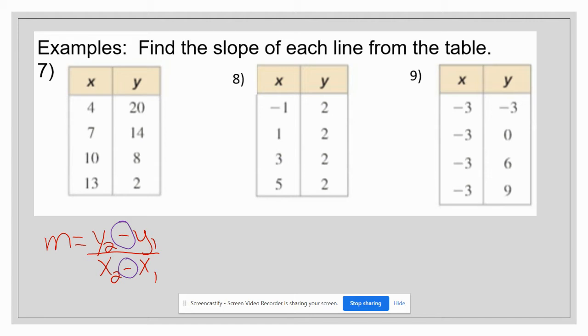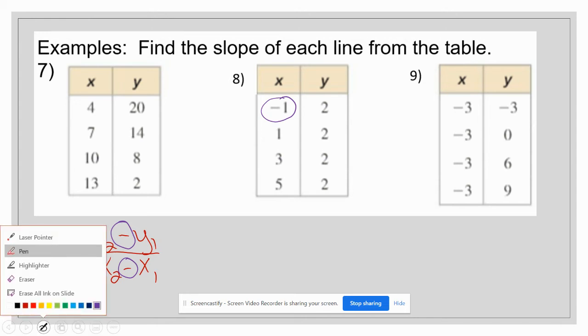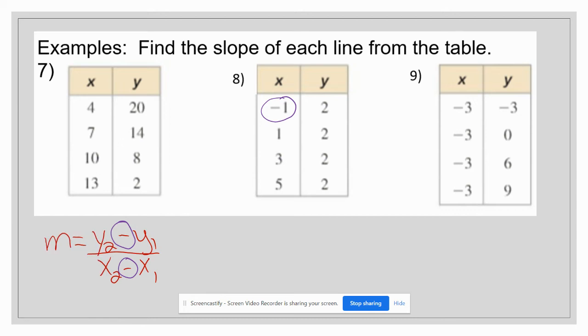That subtraction always has to be written down, even if you have a value that has a negative. That would mean I'd have 2 negative signs or a subtraction sign and a negative sign. So please make sure that you're very careful about that, and we'll work on a couple of those as we're practicing here. But we can pick any 2 ordered pairs we want from the table.